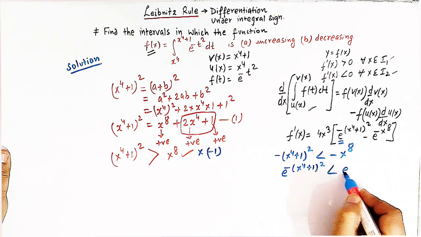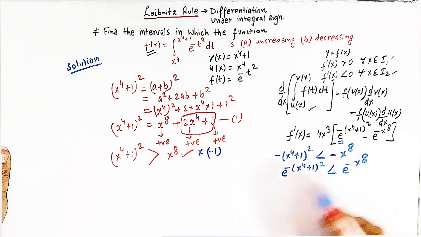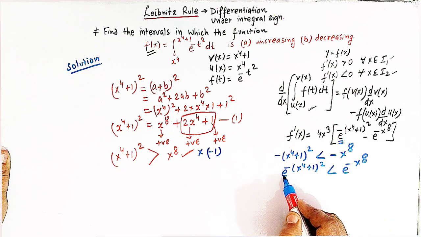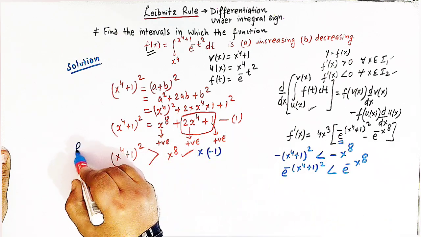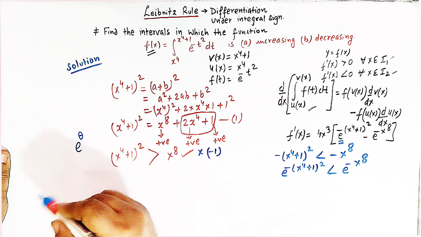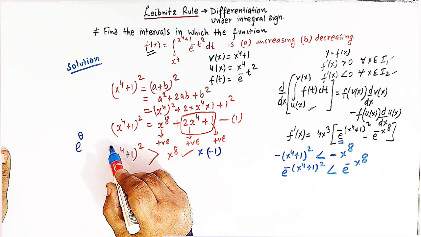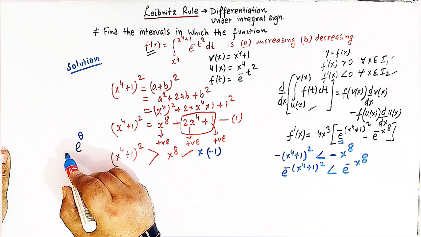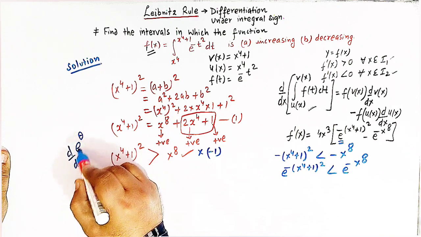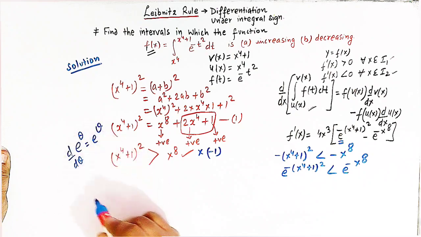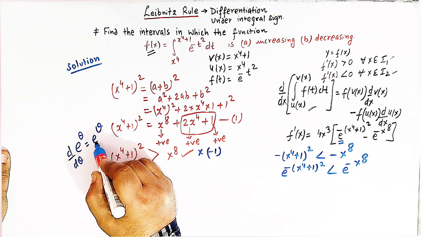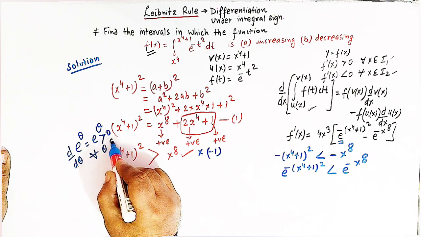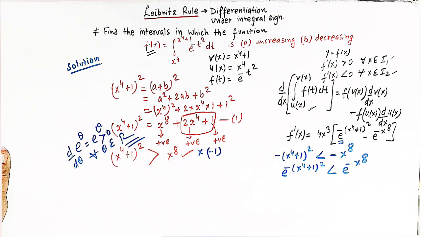So here we have e raised to minus x raised to 8. So the direction of the inequality remains the same, because the exponential function e raised to theta is always an increasing function for all values of theta belonging to the set of real numbers, because the derivative of e raised to theta is e raised to theta, right? And e raised to theta is always greater than 0 for all values of theta belonging to the set of real numbers.